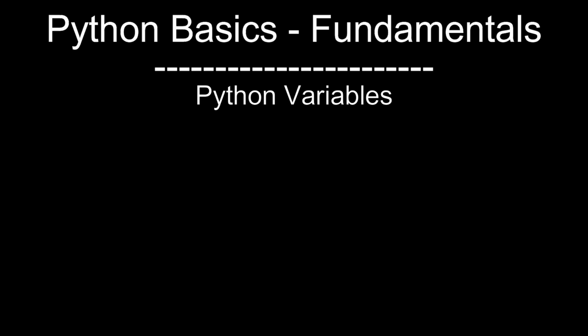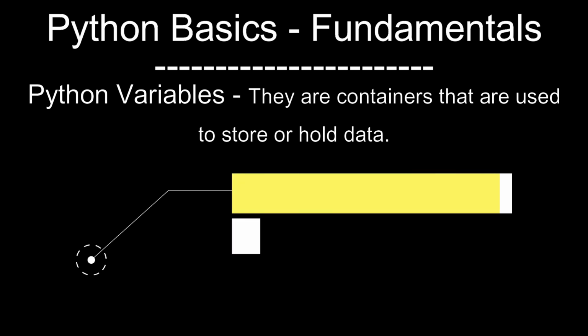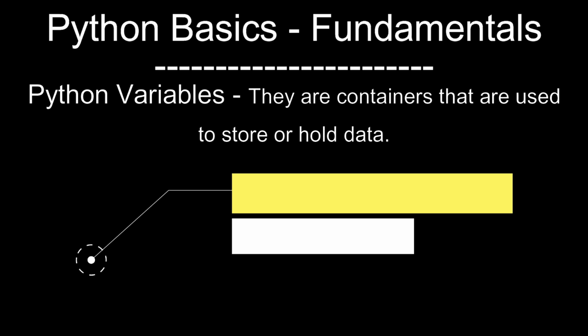In Python, variables are containers that are used to hold data, or to store data values. To create a variable in Python, you just define the variable name, equals, which assigns a value.